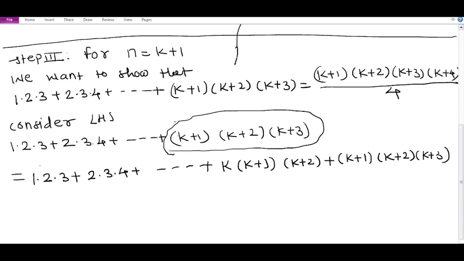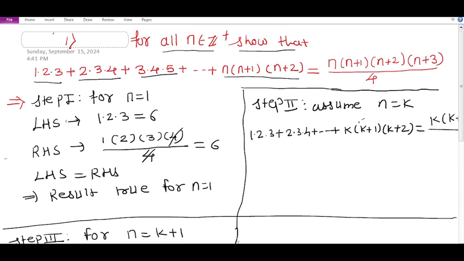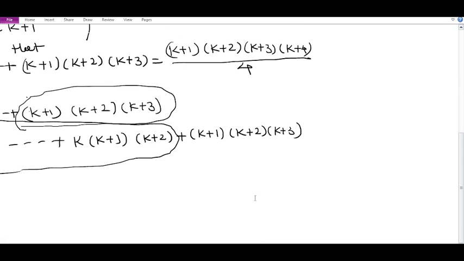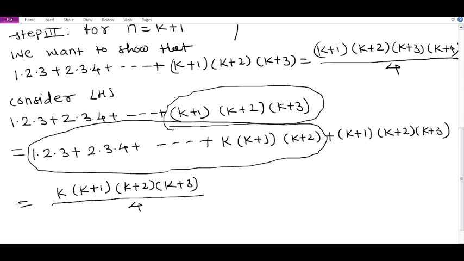Now by using step number 2, the value of the earlier terms is k into k plus 1, k plus 2, k plus 3 divided by 4, plus k plus 1, k plus 2, k plus 3.